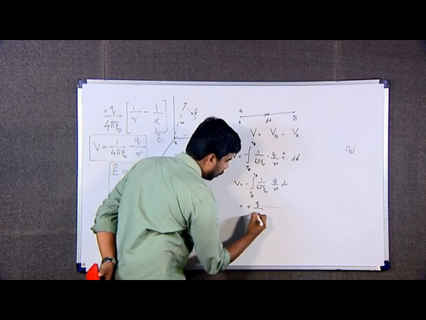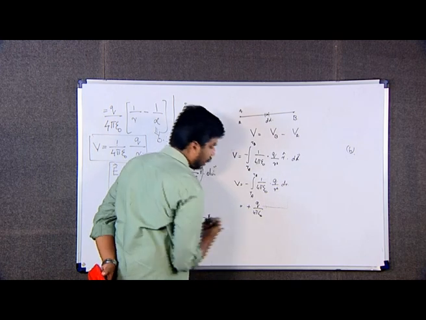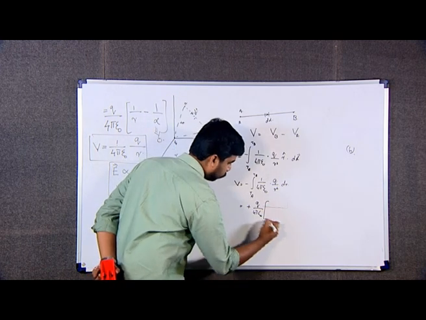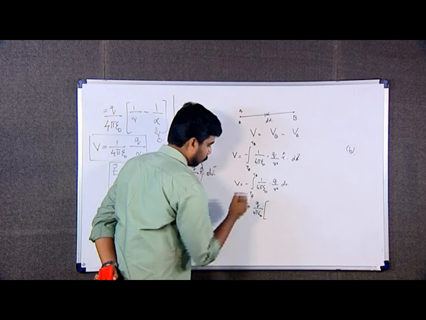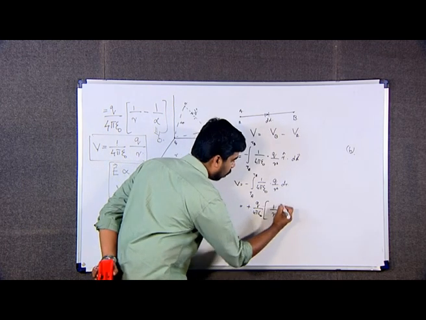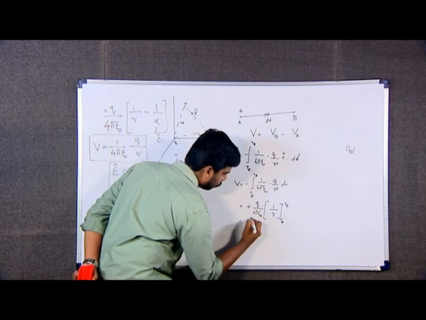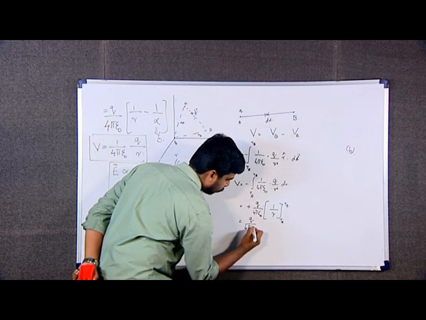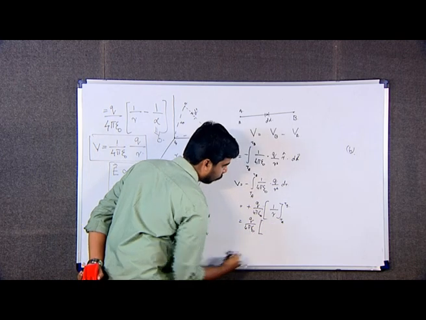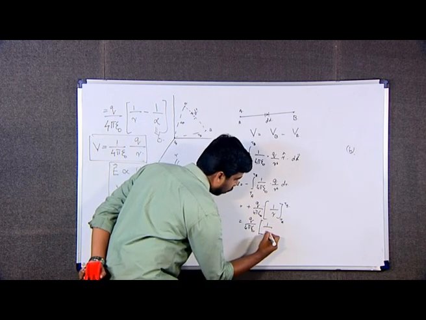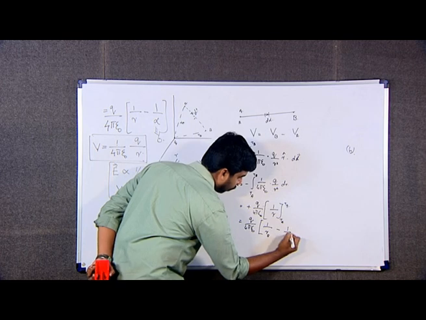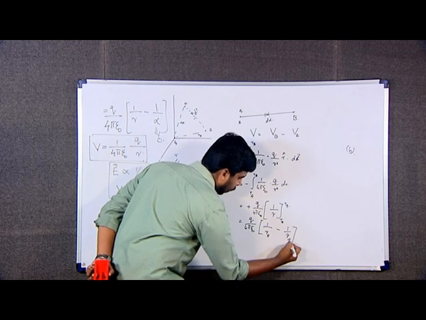So, q by 4 pi epsilon 0 into 1 by r from ra to rb, which is equal to q by 4 pi epsilon 0 into 1 by rb minus 1 by ra.